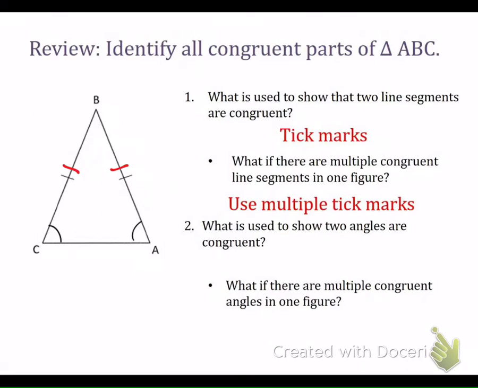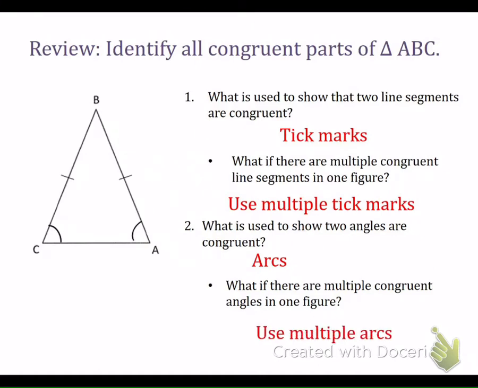All right. The next one. What is used to show two angles are congruent? Arcs. Yes. So these little things, they look like little parts of a circle. Arc marks are used to show that angles are congruent, and just like with the tick marks, you can use multiple arc marks.